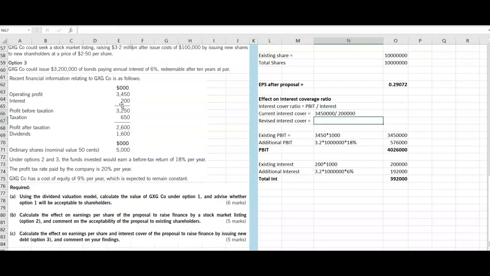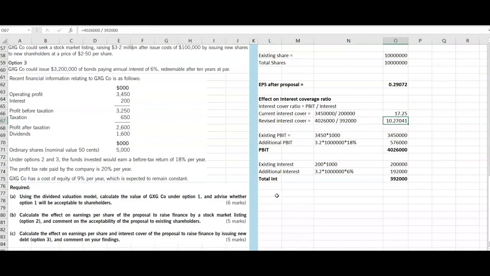If you take the revised interest coverage, it's going to be 4026,000 divided by 3,92,000. So we'll solve both. Okay, so the revised interest coverage is falling.